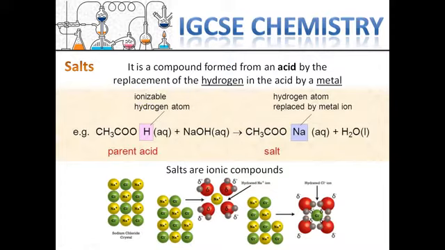And salts are ionic compounds. As we can see, there is a metal, and the metal has a positive charge. That means the metal can make a cation, losing electrons and becoming a positive ion, and the rest can be a compound or can be one non-metal.